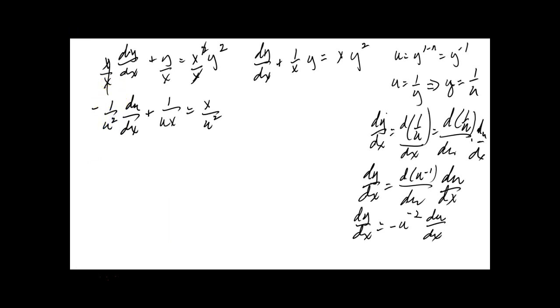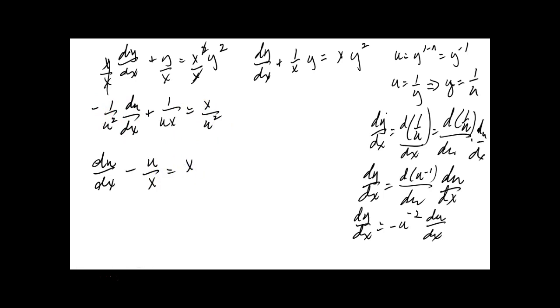Now, the obvious thing to do is multiply everything by u squared. So we multiply by minus u squared. That makes du/dx minus u over x is equal to x.